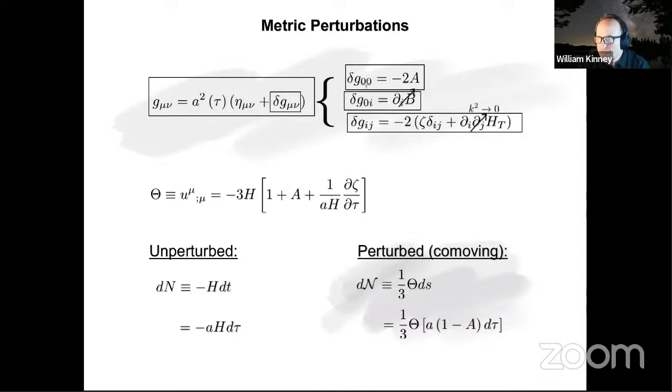And then I really don't have to worry about these 00 and 0i components, basically because I can gauge them away. In particular, the 0i, the shift function, I can set to 0 by a gauge choice, right? I have a lot of gauge freedom here, so I'm just going to gauge away the shift function, and I'm going to keep the lapse function and the spatial perturbations.